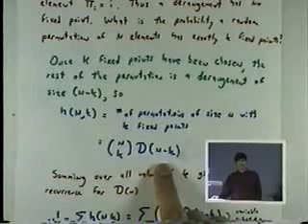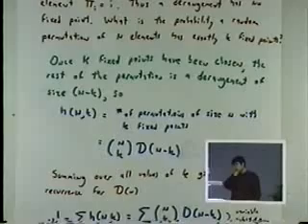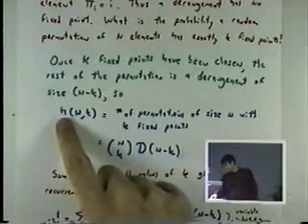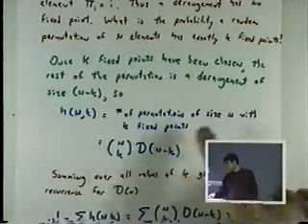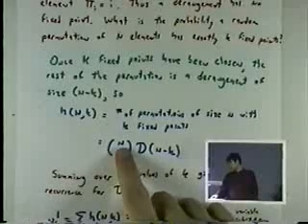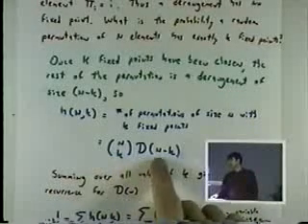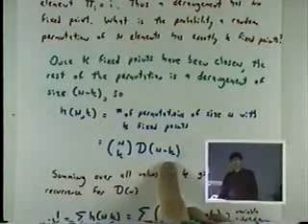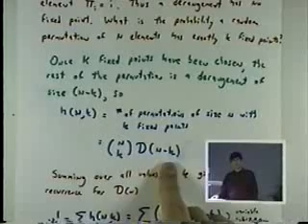Correct? So my claim is that the number of permutations of size n with k fixed points is n choose k times the number of derangements of n minus k. Correct? That seems believable.